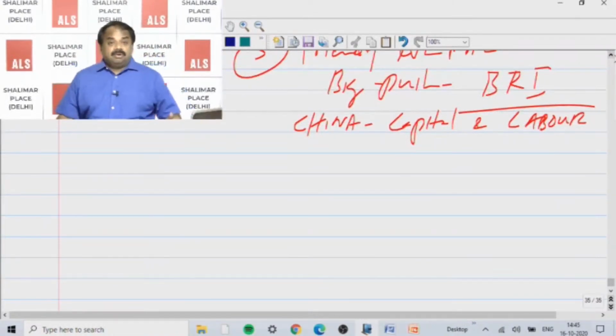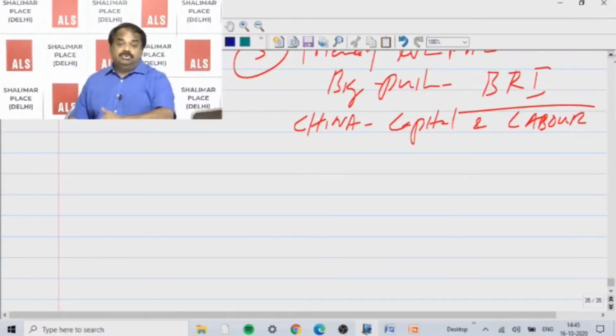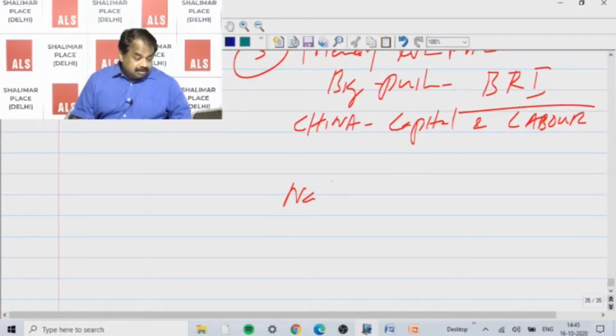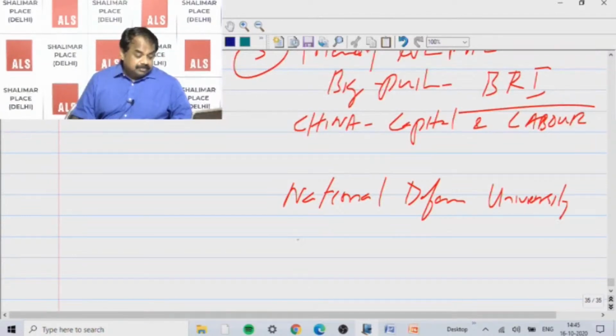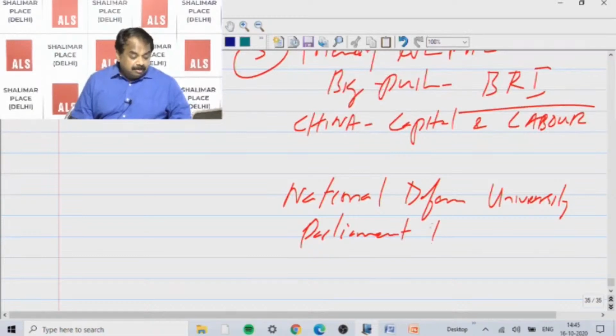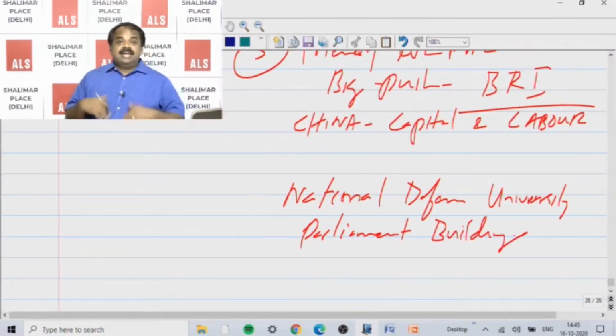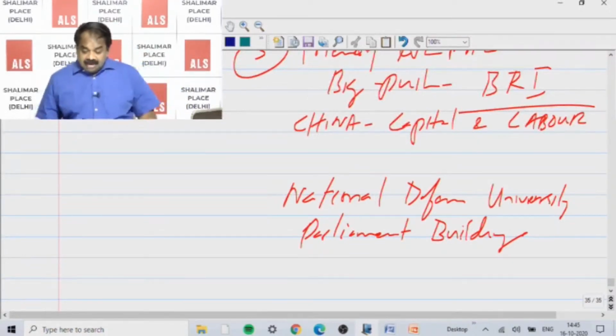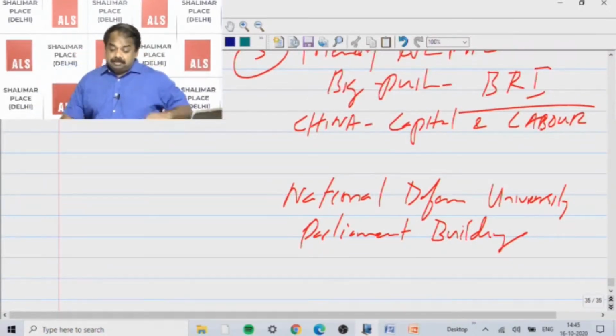Even the railroad link from Lhasa to Kathmandu, or the Parliament building, or the National Defence University, China is promising. They don't believe in any democracy, but they are talking about a parliament building and various other infrastructure projects.